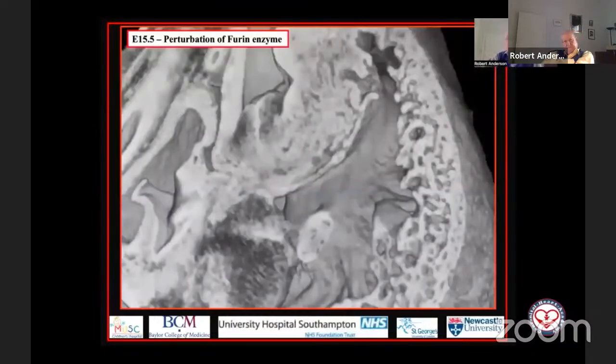But if they don't close the tertiary foramen, then as in this mouse in which Dr. Mohan perturbed the furin enzyme, we have a persisting tertiary interventricular communication that we call the perimembranous central ventricular septal defect. And very shortly, Diane is going to show you an exquisite example of this as was seen in a human heart.